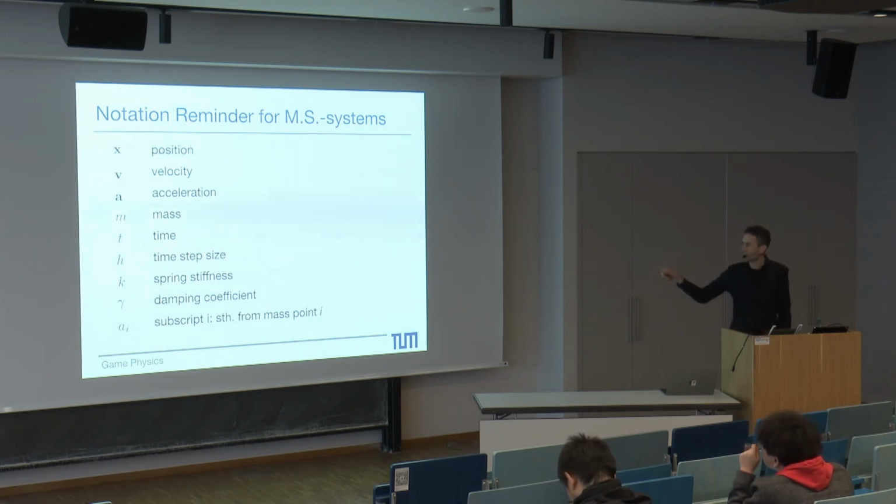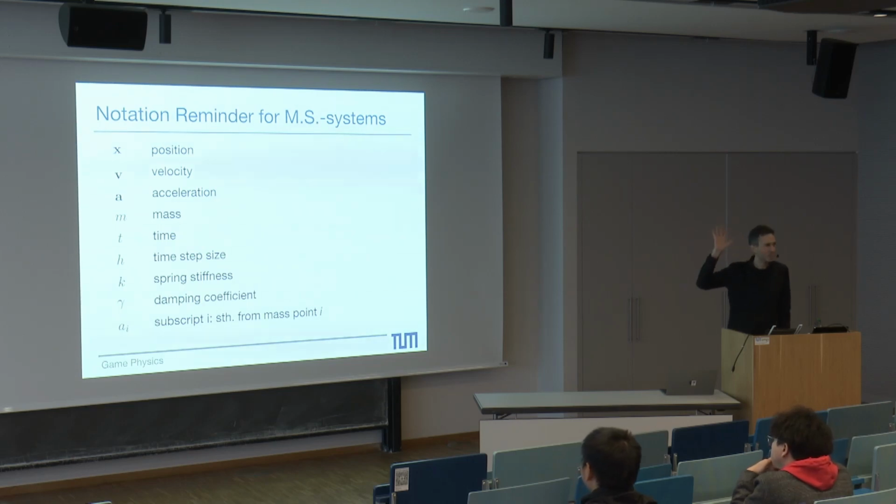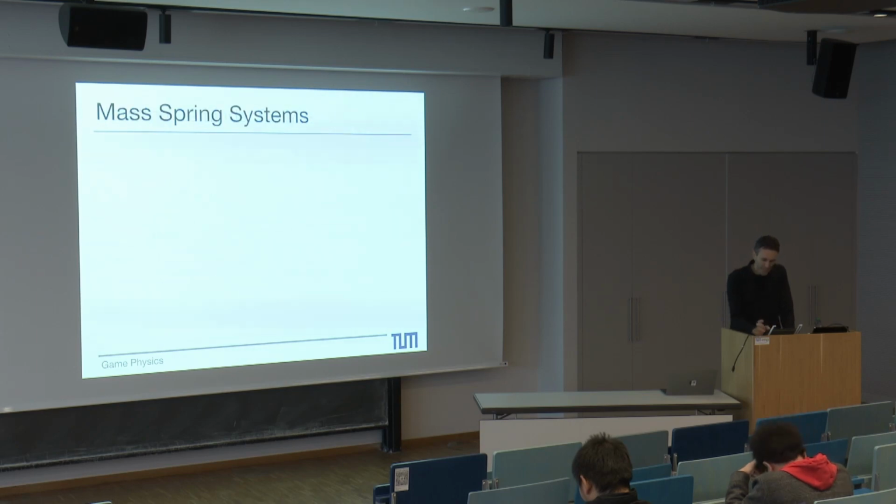Then we have subscripts, i for some position or so. Typically, the subscript i denotes the ith point in our system. We might be simulating 100 points, and then we're looking at point 10 or so. We had this big constitutive equation that put together the forces and the different terms.